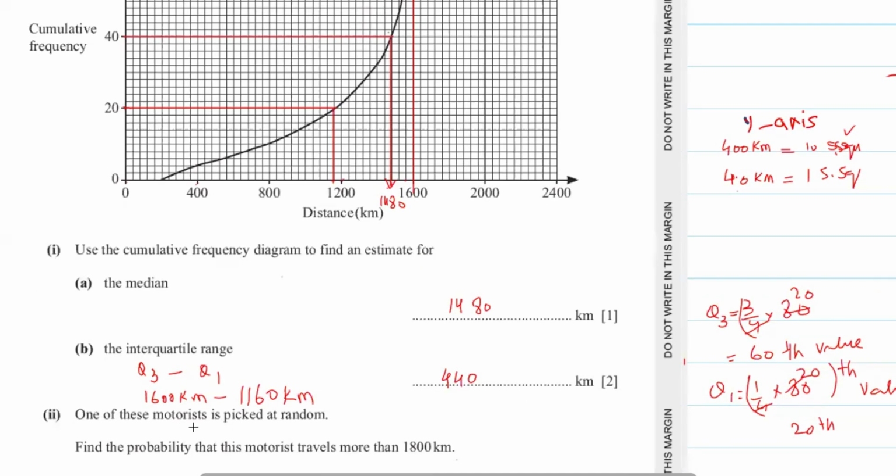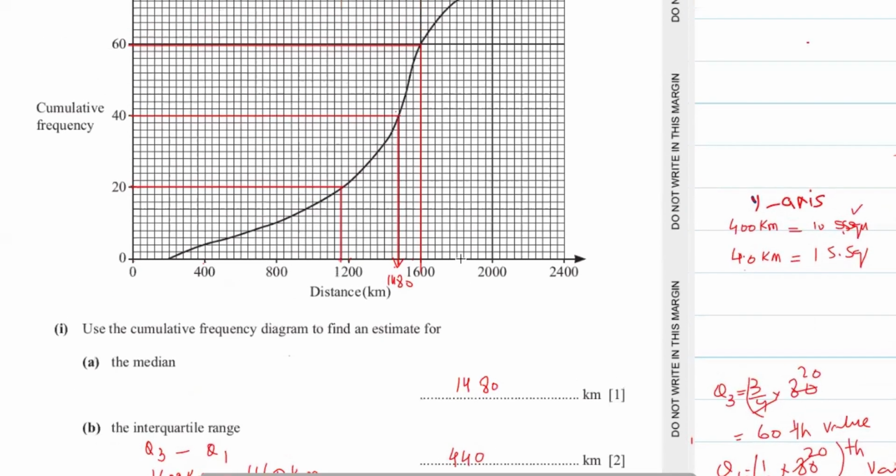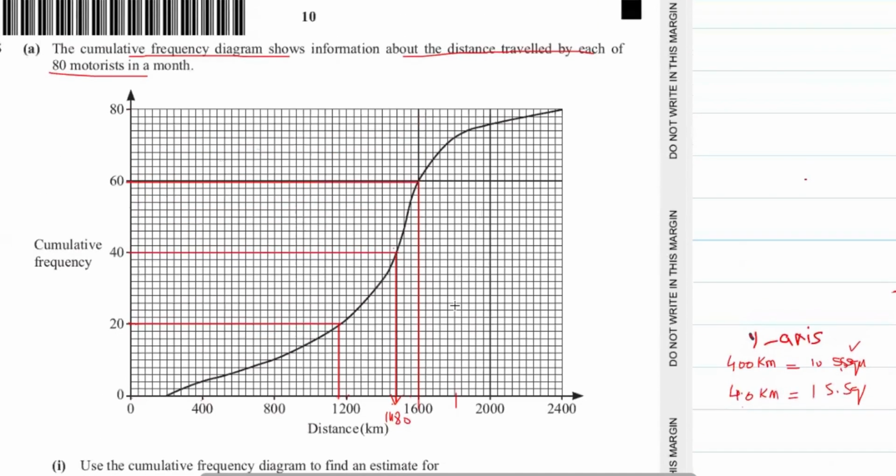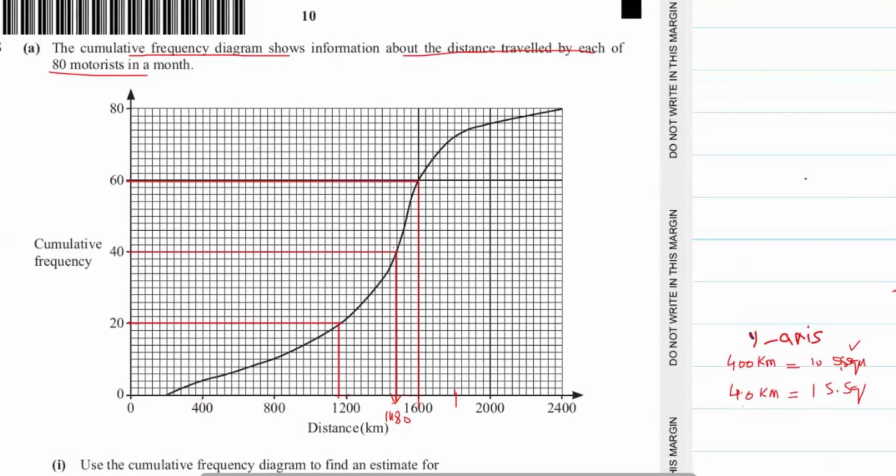Part second: one of these motorists is picked at random. Find the probability that this motorist travels more than 1800 kilometers. Look here, this is the position 1800 kilometers. We draw the vertical line. This vertical line meets the graph at this position.